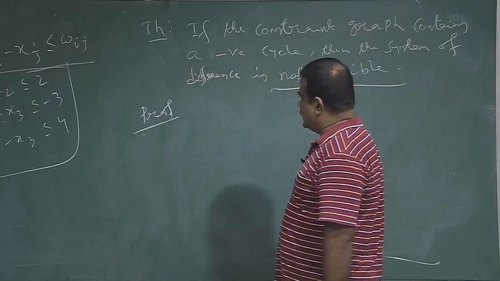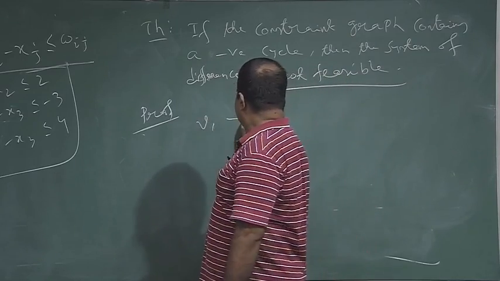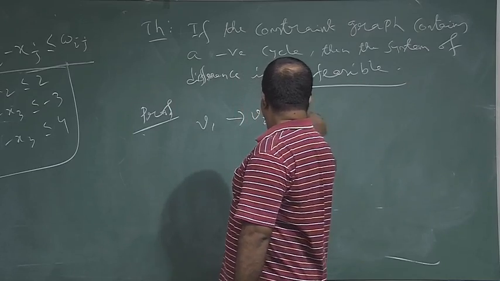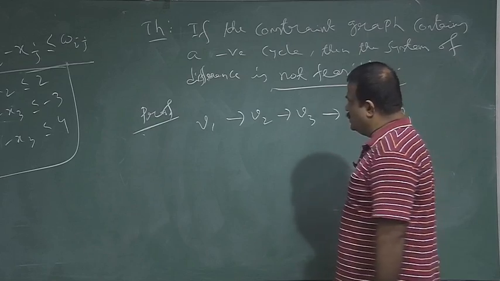Suppose there is a negative cycle in the corresponding graph. Suppose this is the negative cycle V 1, V 2, V 3, and so on, and it again comes back to V 1.